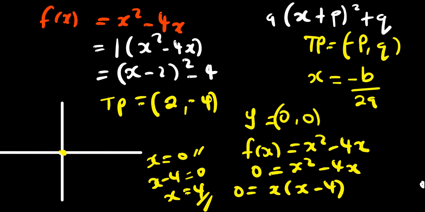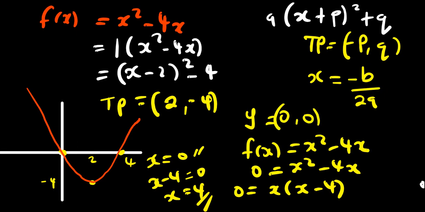Let's say our 2 is here and our negative 4 is there, so it will be this point. Then x equals 0 is this point, and another point is x equals 4. So your graph will come from this side and pass like that. This is how you are going to graph this one.